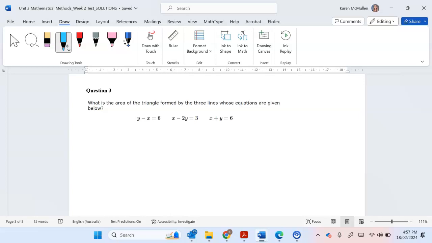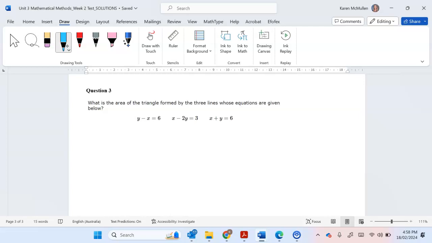And the reason for that is because there are so many steps involved that if you can't do one of them, and this sort of question would be worth quite a lot of marks. So let's say it was worth 6 marks. If you couldn't even get started, that's 6 marks you've lost. So questions like this, if they did appear on an exam, would start off with a show that. So it might say, show that the intersection between these two lines is.